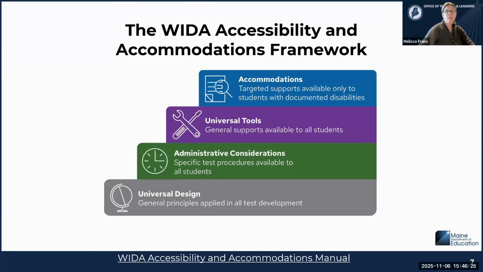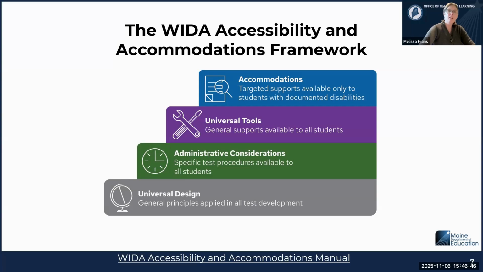So for our annual English language proficiency assessment, I mentioned we use ACCESS and Alternate ACCESS, and we briefly touched upon that yesterday, with the exit criteria for students participating in ACCESS being a 4.5 and students participating in Alternate ACCESS 4.0.